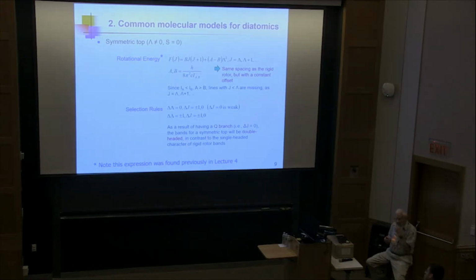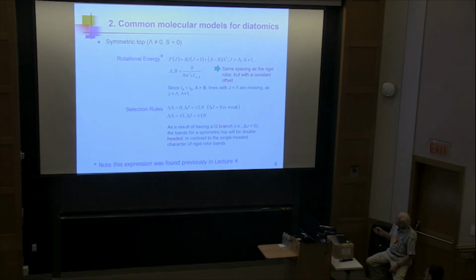So now we have selection rules, which come to us from quantum mechanics, and which for the rigid rotor, delta J of plus or minus 1. So now for our symmetric top, remember, the spin is 0, but we have a finite value of lambda, which appears here.